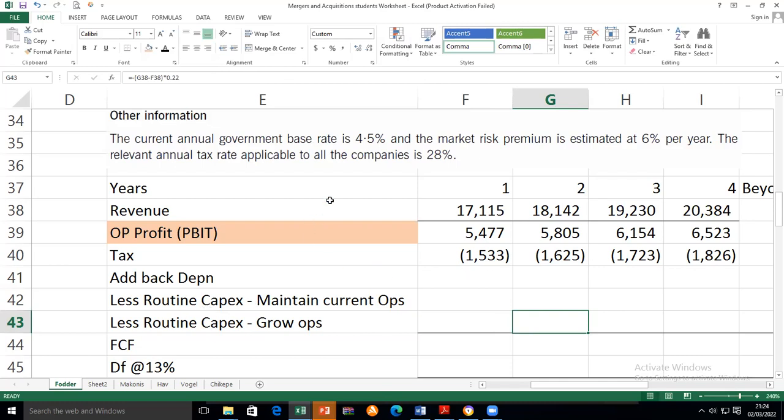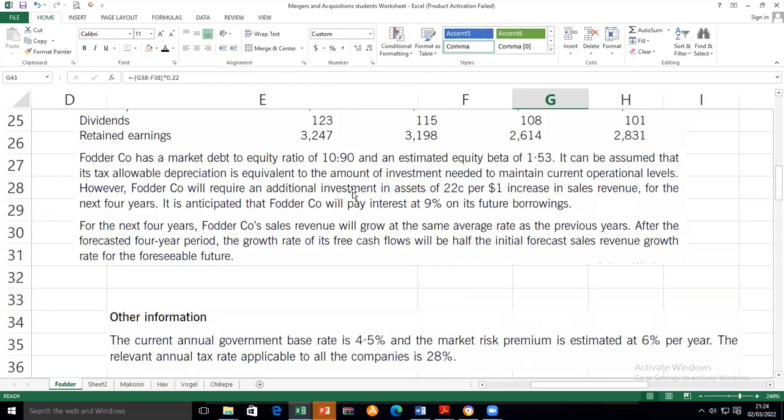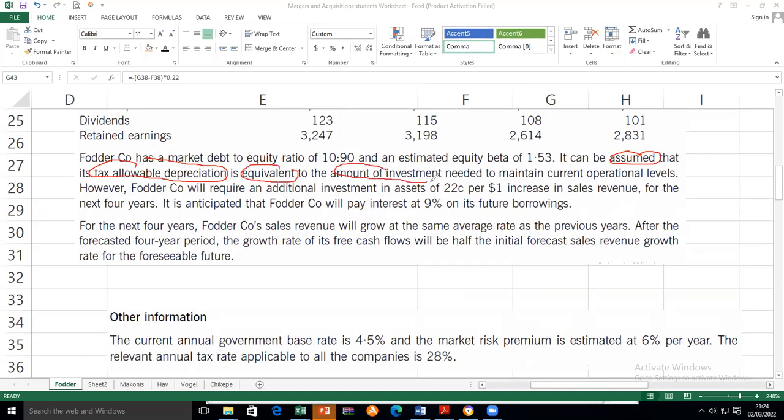Now, what the question is telling us, and you're going to see this again and again, is this statement here: it can be assumed that its tax allowable depreciation, the one you're supposed to add back, is equivalent to the amount of investment needed to maintain your current operations.